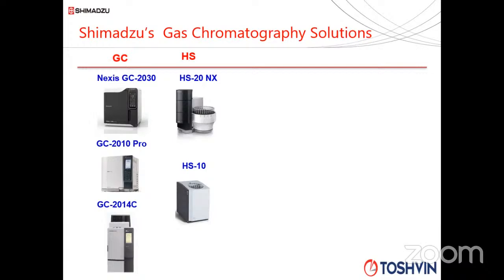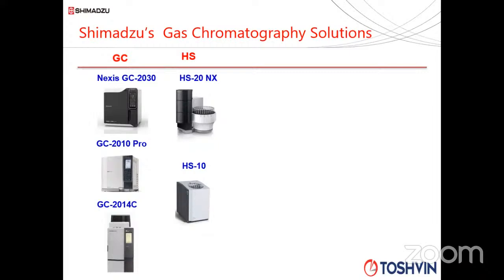So that's 3 different models. In headspace samplers, we have 2 models. HS20, as I told you, is one of the most sensitive headspace samplers available in the market today, and 90 samples can be analyzed at a time. Then we have HS10, where we can analyze 20 samples at a time. Both use a transfer line mechanism.